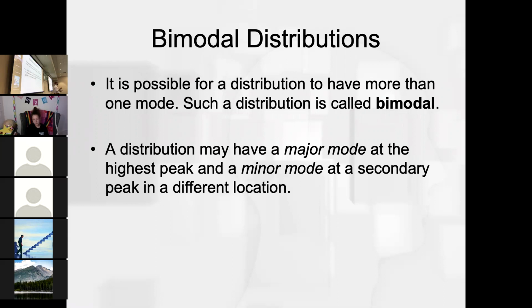Like the name would suggest, bi meaning two, modal meaning modes, a bimodal distribution has 2 modes. If those modes are not equal in stature, one can be a major mode, and another can be the minor mode.